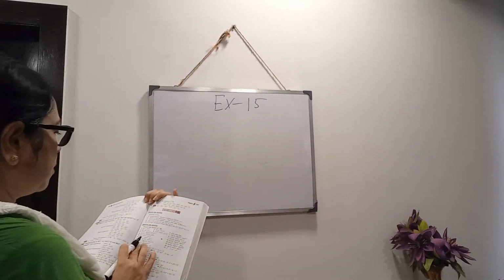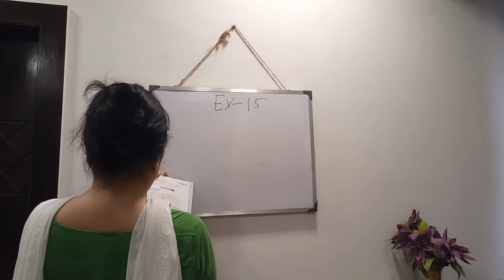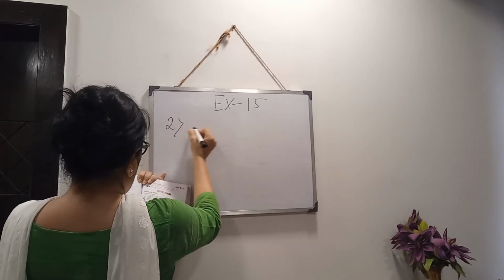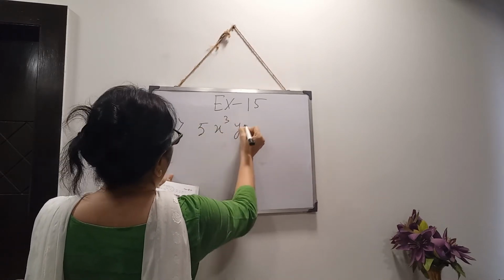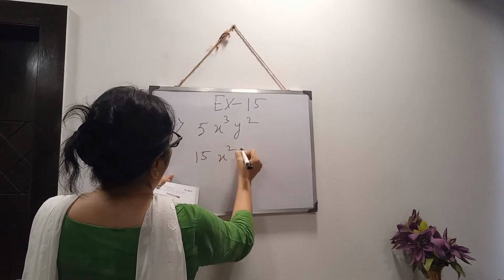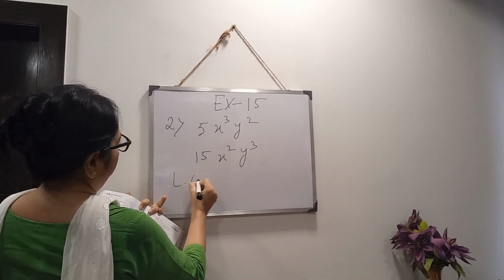Resolve into factors and then calculate the LCM and HCF. First, there are some easy ones. Number 5: the first term is 5x cube y square, and the second term is 15x square y cube. Now, what will be the LCM?